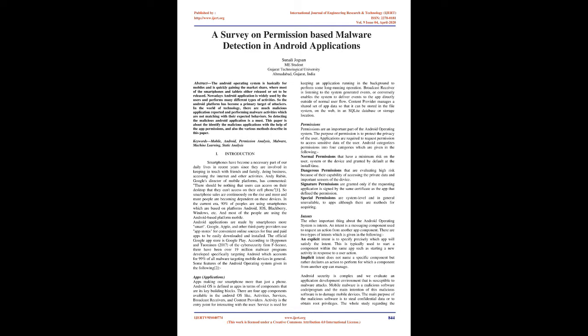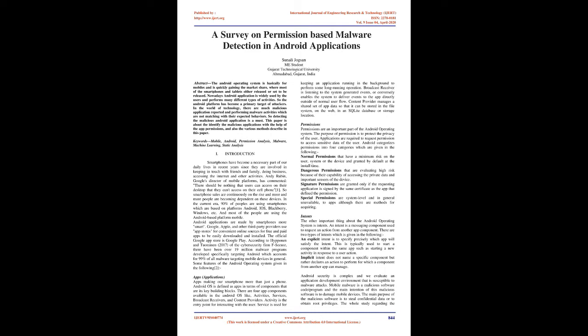A broadcast receiver listens to system-generated events, or conversely enables the system to deliver events to the app directly outside of the normal user flow. A content provider manages a shared set of app data so that it can be stored in the file system, on the web, in an SQLite database or other storage location.